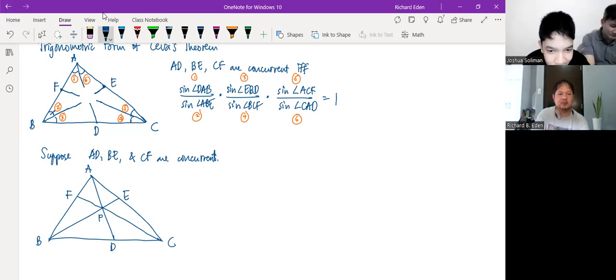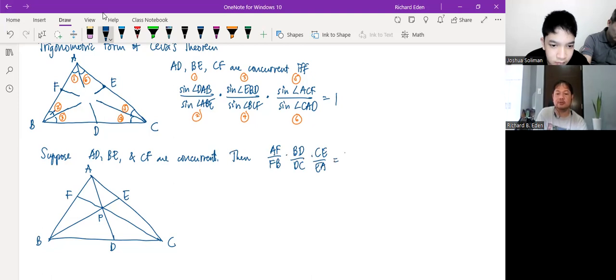So well, since AD, BE, and CF are concurrent, then here's what's going to happen. So we know that AF over FB times BD over DC times CE over EA is equal to 1.